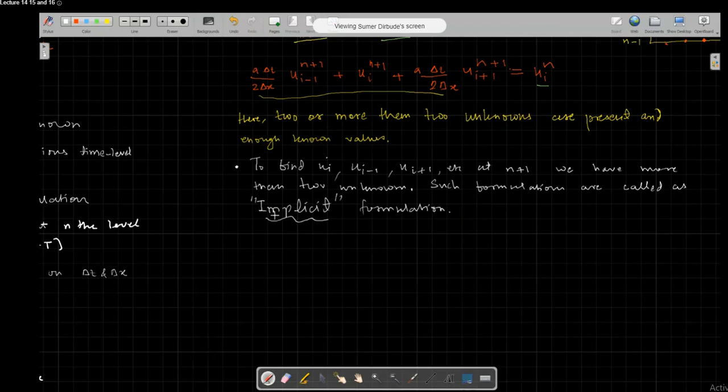Okay, so what does implicit mean? It means not known before. And explicit means they are already known before.